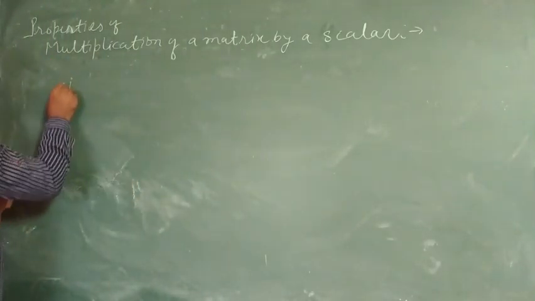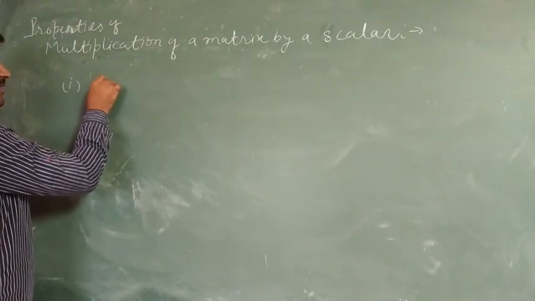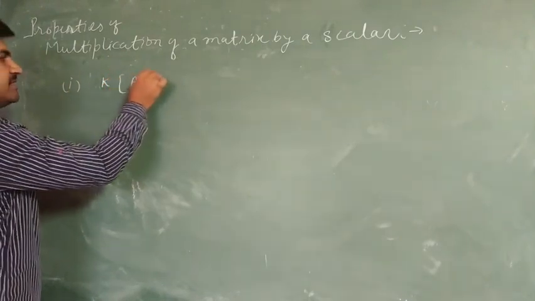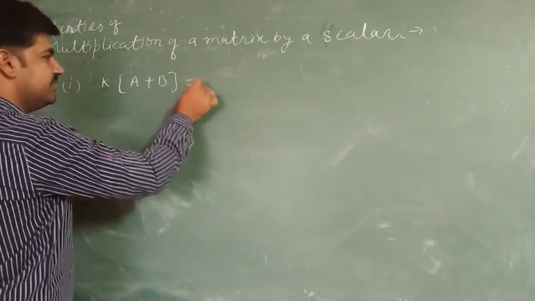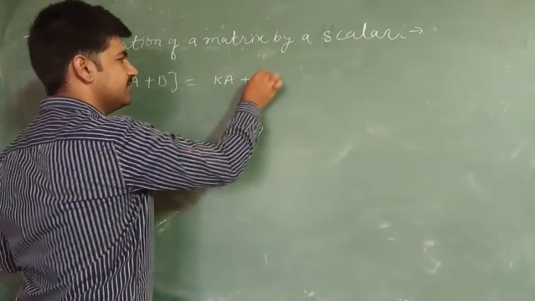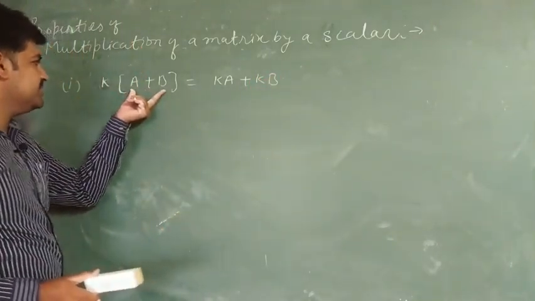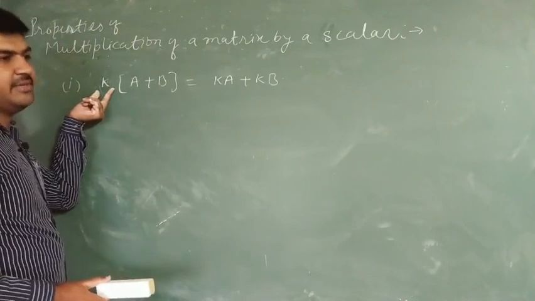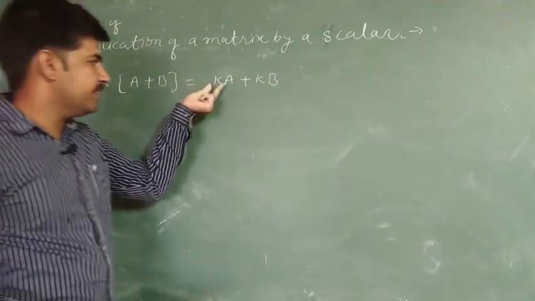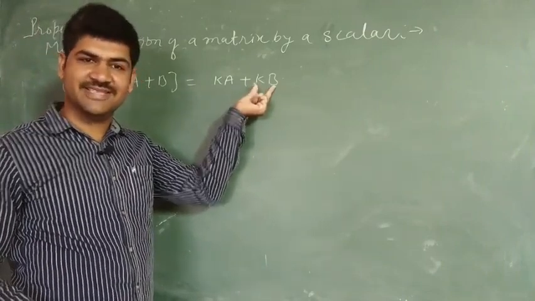The first one is, if the scalar k is multiplied by the sum of two matrices, then the result can be written as kA plus kB. That means the sum of two matrices A and B multiplied by a scalar k is equal to the scalar multiplied by the first matrix plus the scalar multiplied by the second matrix.